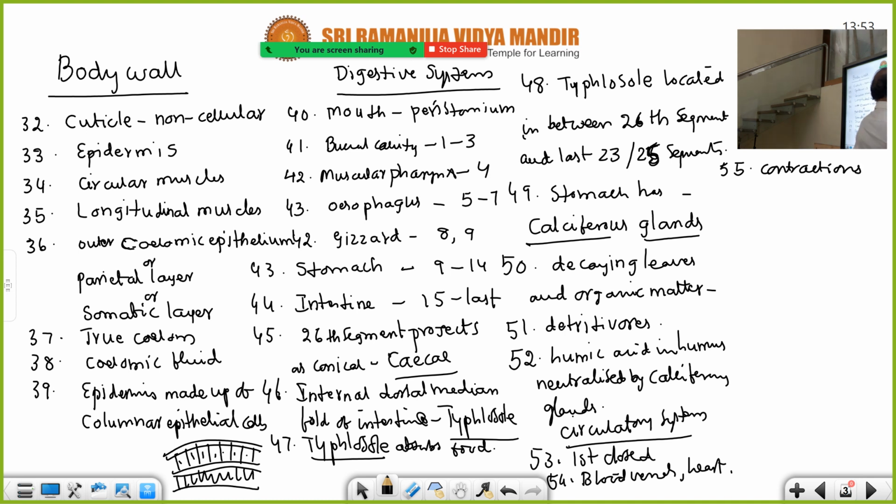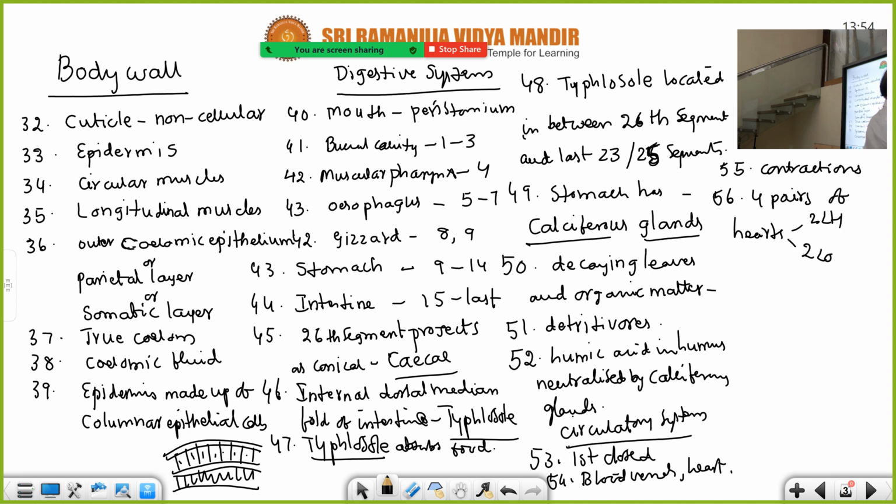So contractions allow the flow of blood in the blood vessels. And hearts are also present. 4 pairs of hearts. You all know these 4 pairs of hearts: 2 lateral and 2 lateroesophageal.